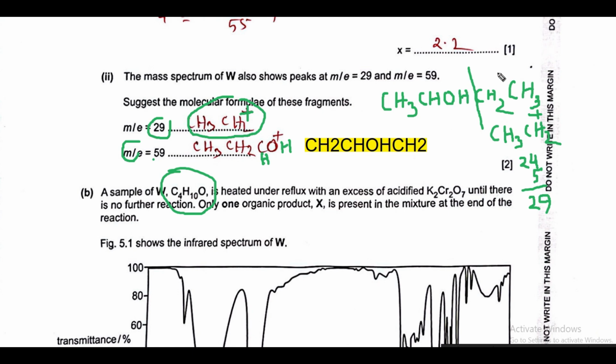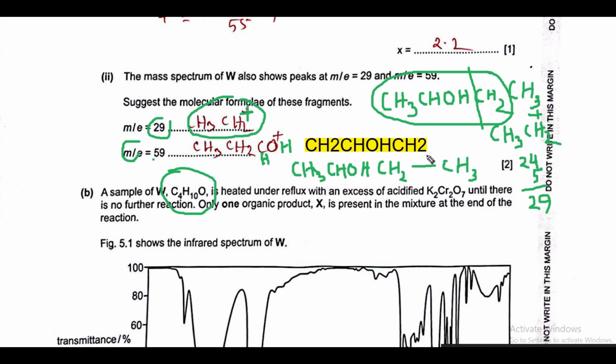This ion will form at m/e value 59, CH3 CHOH CH2 plus, from butan-2-ol, CH3 CHOH CH2 CH3. So if it breaks here, this positive ion will form.